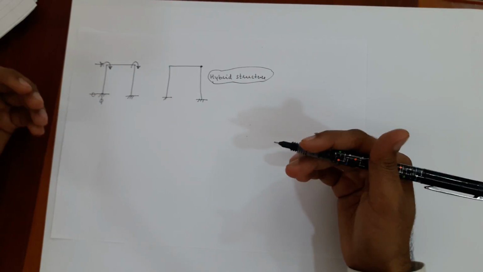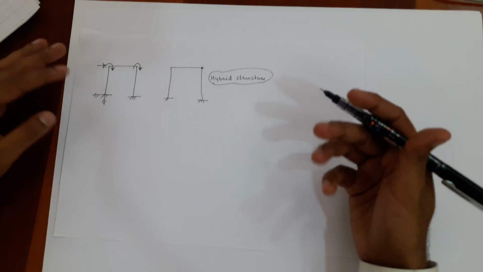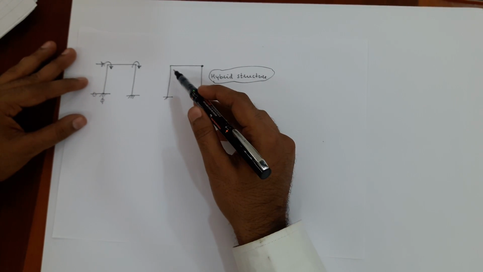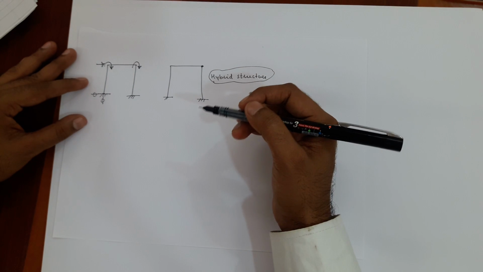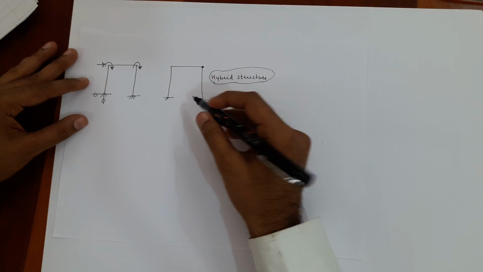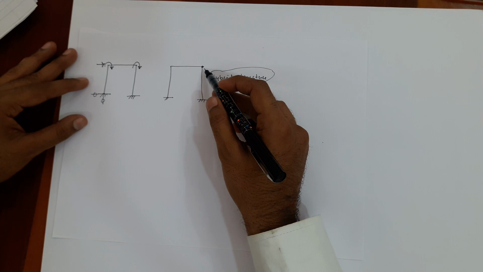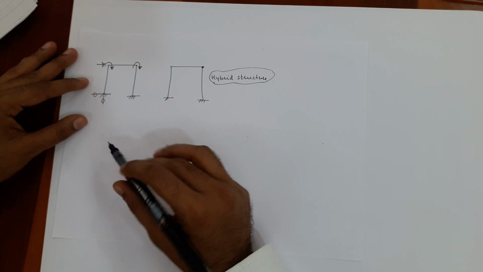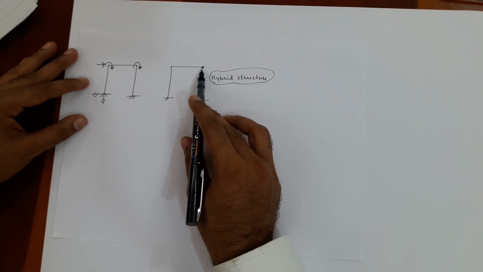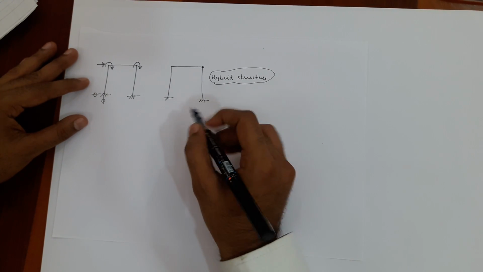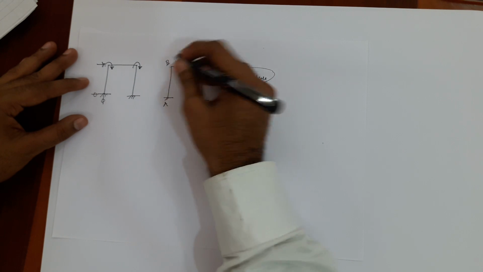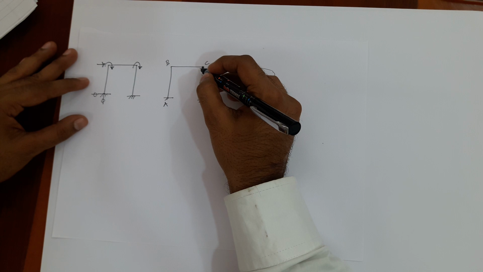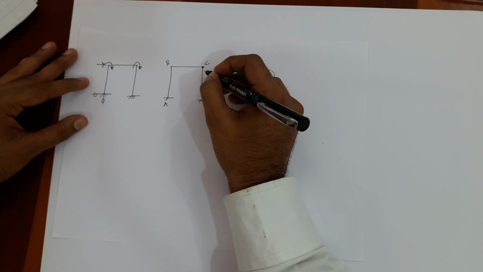Now what do we do when we have a hybrid structure? A hybrid structure means some joints will be rigid joints and some will be pinned joints, or the joint will be an internal hinge. This internal hinge will separate this member and this member. I will name the members A, B, C, D. So there will not be any joint rotation.